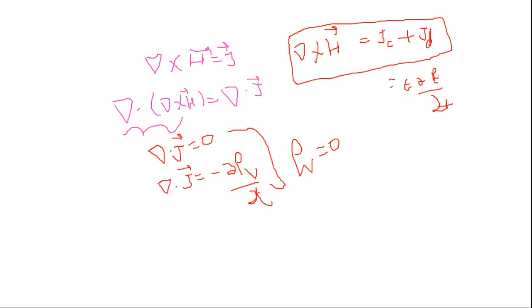So now we have completed Maxwell's equations. Now there are four Maxwell's equations for the time varying field. And what are they?